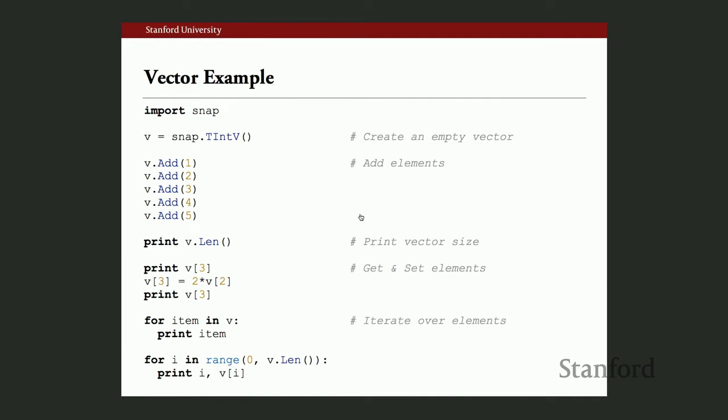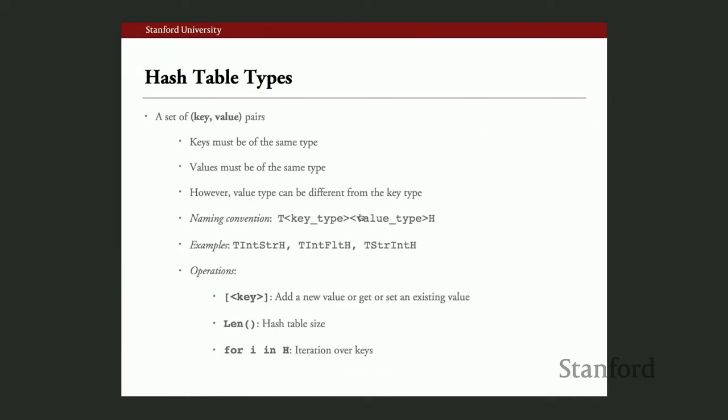Cool. So then, in that vein, there's the same thing for hash tables. You know that a hash table or hash map is a set of key value pairs. And here we impose the additional constraint in Snap hash tables that keys have to be of the same type and values have to be of the same type, but obviously value and key do not have to be the same type.